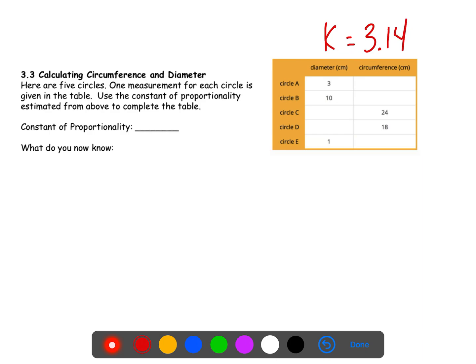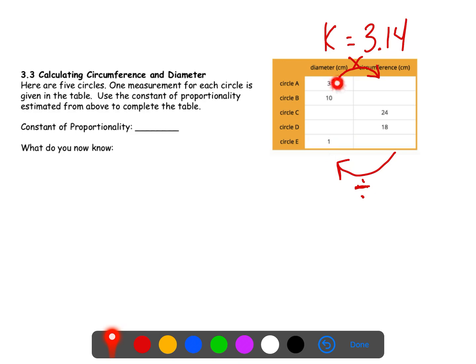So if we multiply by 3.14, we'll find the circumference if we're working with a diameter. If we divide or multiply by the reciprocal of 3.14, we will get from a circumference back to a diameter. And we can fill this in and give it a try.